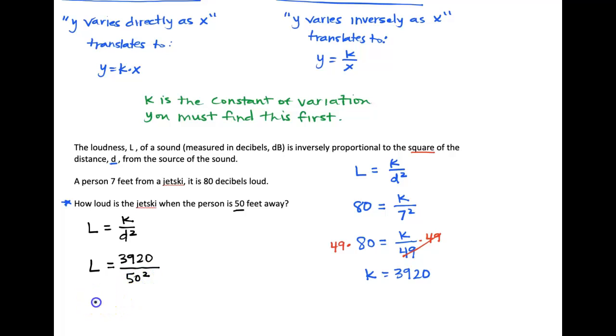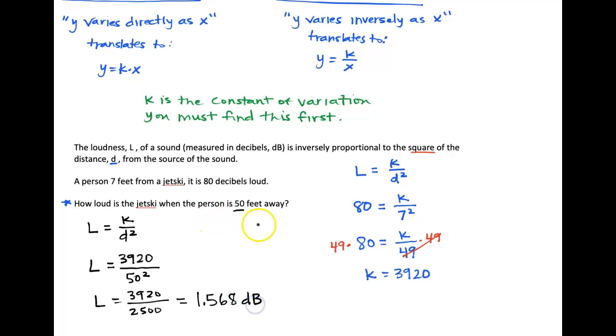All right, but then let's simplify this up. And 50 squared is really 2,500. And then if I divide these two numbers, 3,920 divided by 2,500, that's going to give me 1.568 decibels.